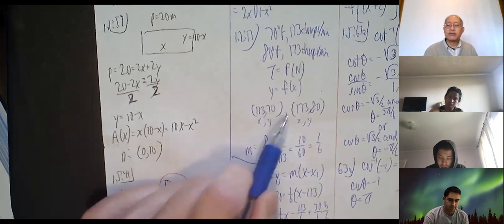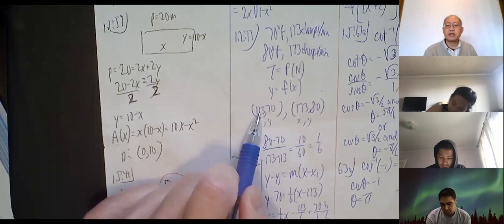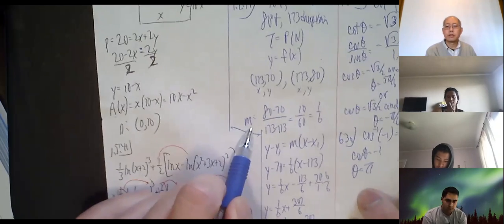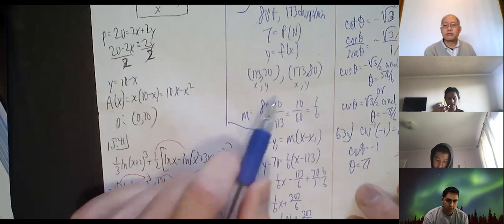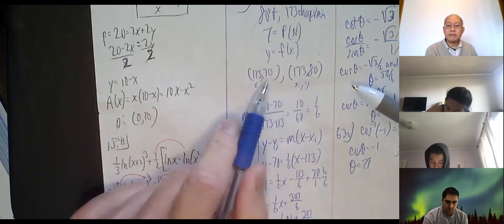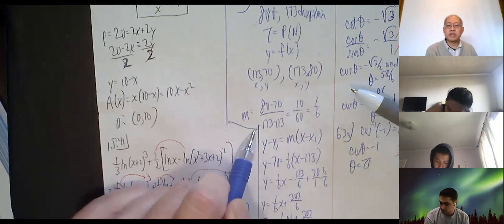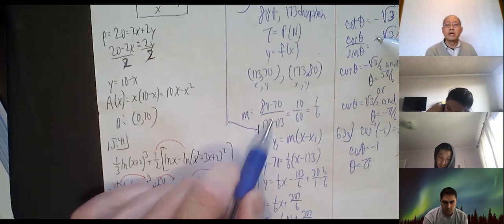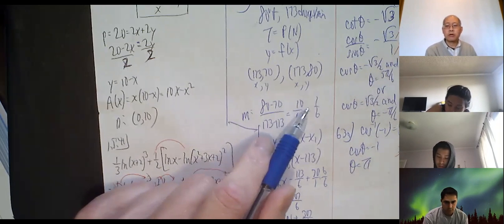And now, given 2 points, find the equation of the line. Okay, so first I figure out the slope. So y2 minus y1 divided by x2 minus x1, right? So 80 minus 70 divided by 173 minus 113. That comes out to be 10 over 60, or 1/6.